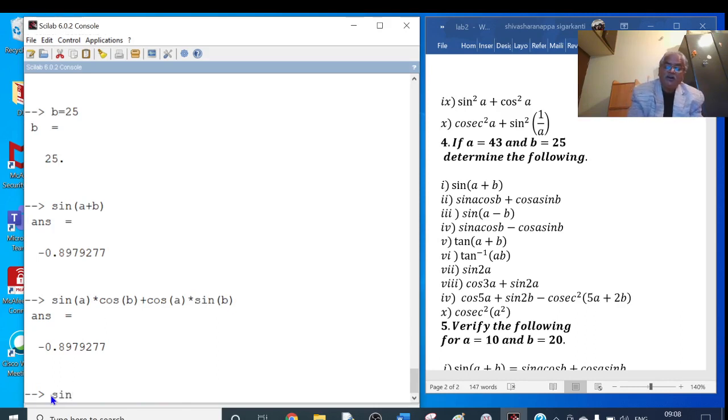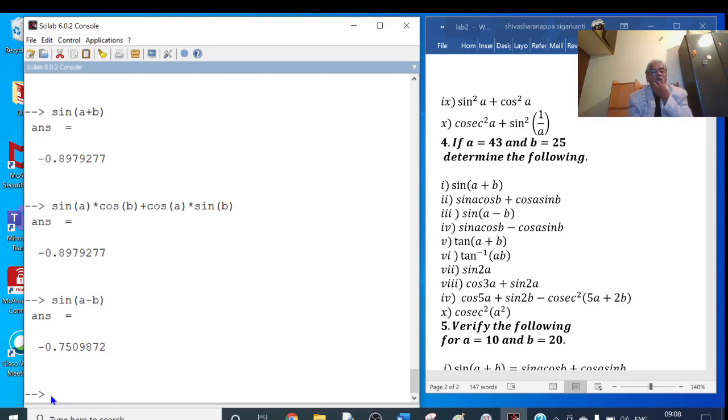Next, sin of A minus B. Just type sine of open bracket A minus B bracket close, enter. Next one, sin A cos B minus cos A sin B. This is similar to the earlier one, so you can use the navigation keys. There are four navigation keys: upwards, downwards, right and left.